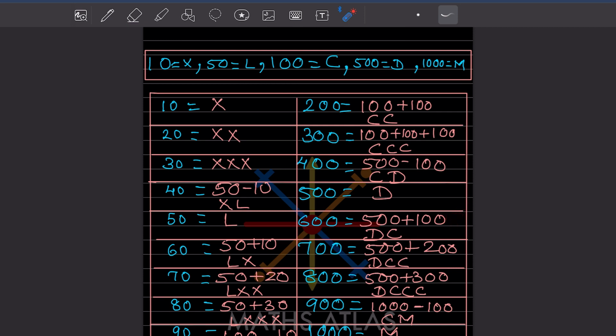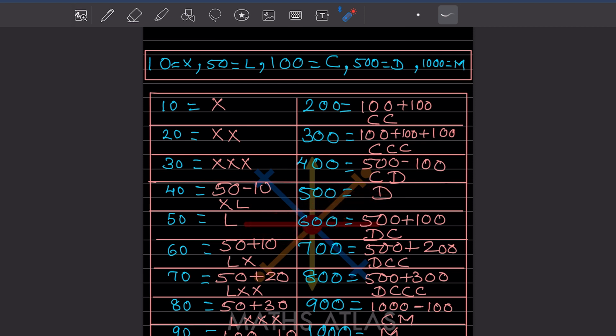So 500 is D and 100 is C. So DC. Again 700 you can write as 500 plus 200. 200 you know is CC, or you can just write 500 plus 100 plus 100. So 500 is D, and 100 is C, and again 100 is C. Okay, anyways you can write it.